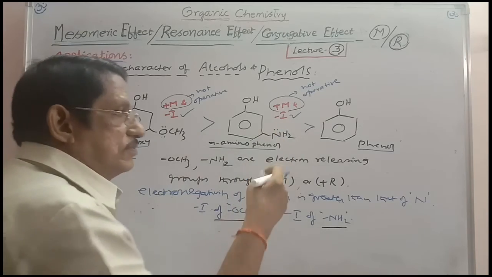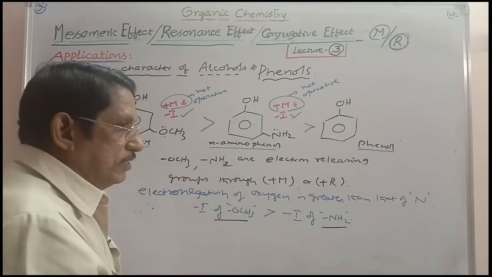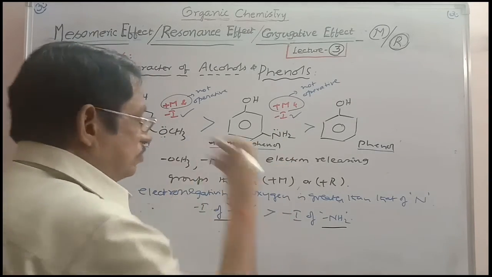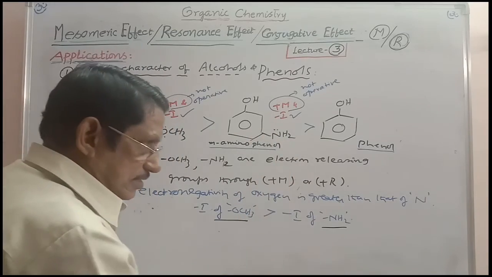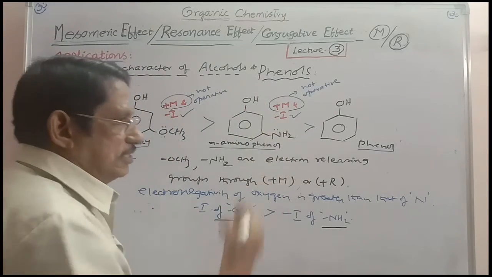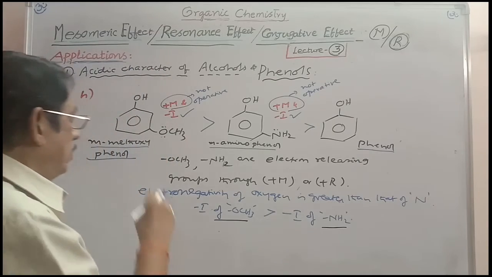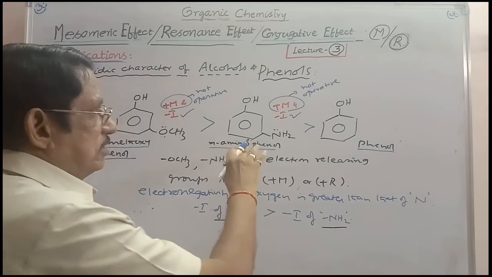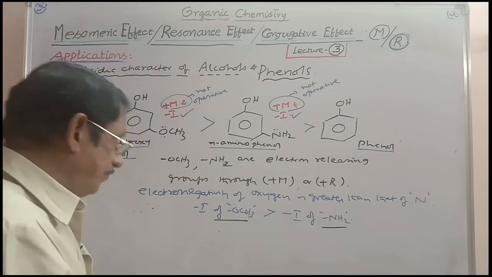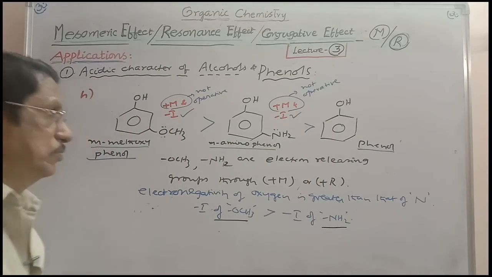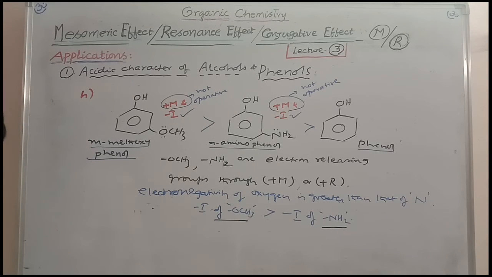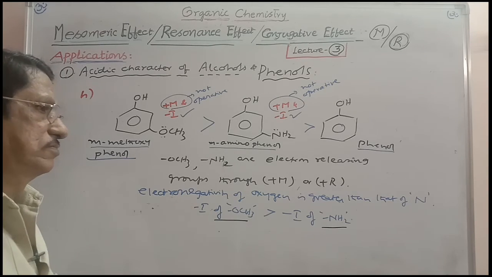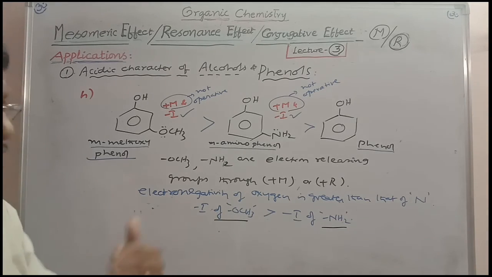As nitrogen electronegativity is less than the oxygen electronegativity, the withdrawing nature of the amino group is less than OCH3, minus inductive effect is less, so it will be having less acidic character. In this way, metamethoxyphenol is more acidic than meta-aminophenol, meta-aminophenol is more acidic than phenol. This is the explanation you can give in the case of phenols. Almost all mesomeric effect applications in the case of phenols were studied. Later we have to go to carboxylic acids. Please note it.